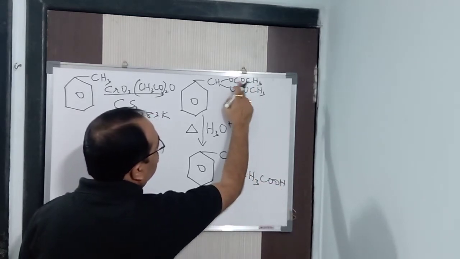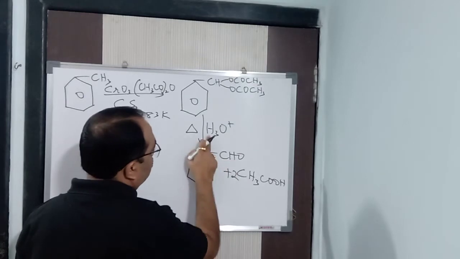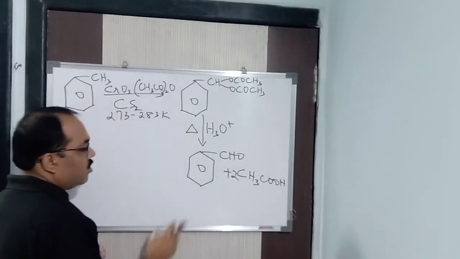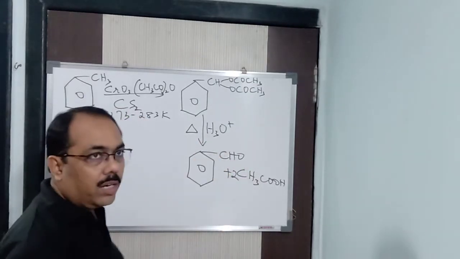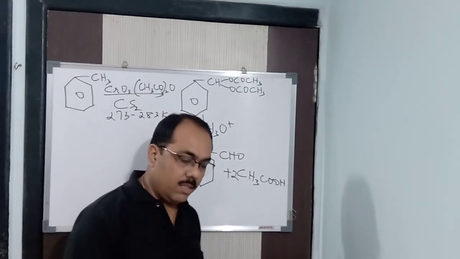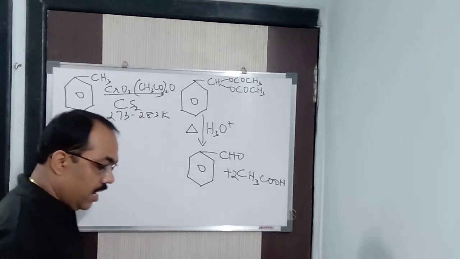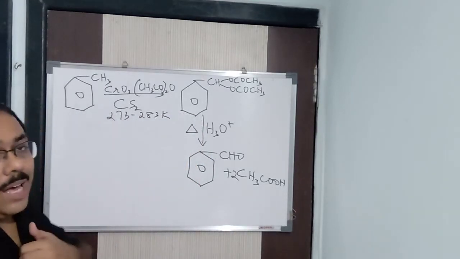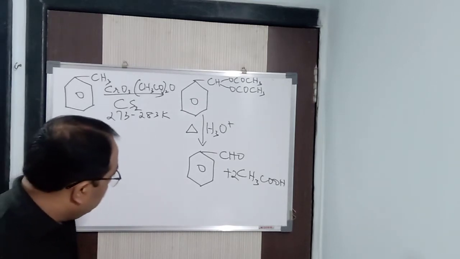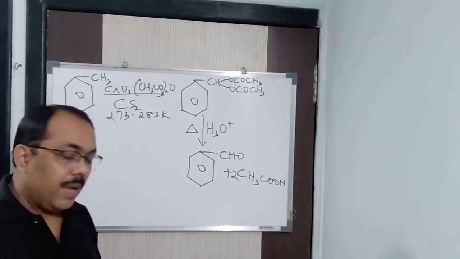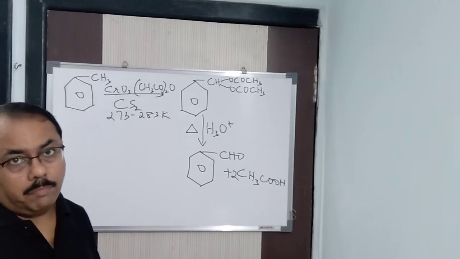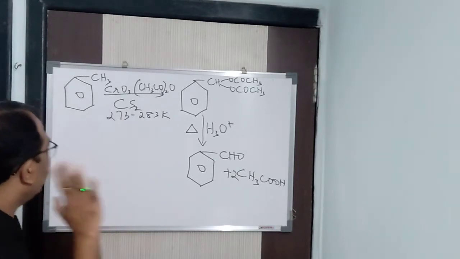See here, CH3COOH, that is H here, then CH3COOH. So this is again a secondary product. I am not interested in it. What I am getting is nothing but benzaldehyde. Clear? Fine. Now, if you say, sir, I want para-nitrobenzaldehyde, see, it is very easy.